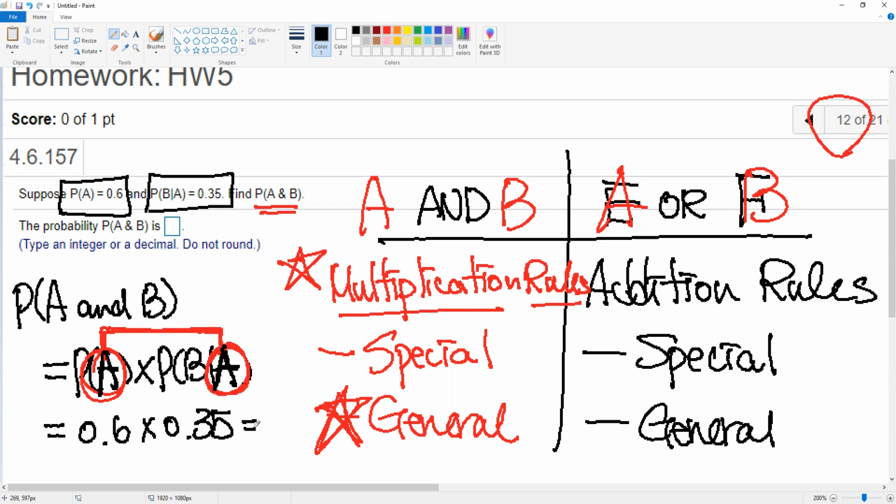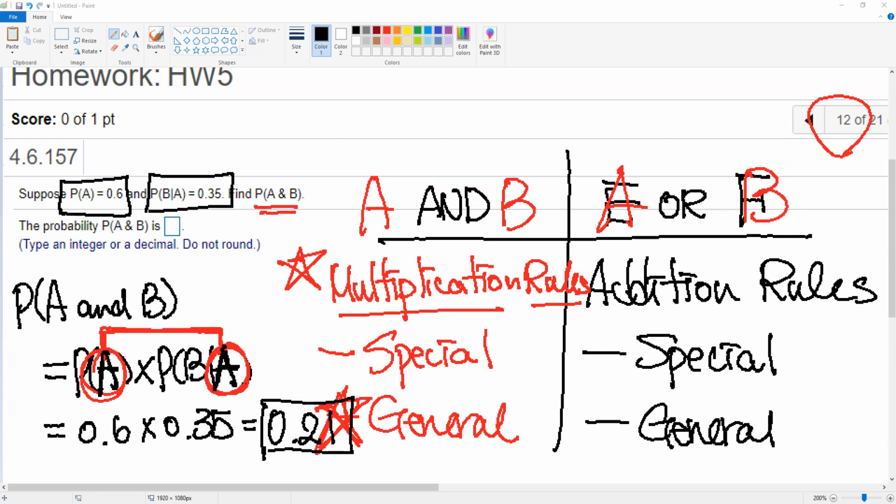That will be the answer. So 0.6 times 0.35 is 0.21. You might have another probability, but simply take the multiplication, then you can get the probability A and B. So we can apply the multiplication rule.